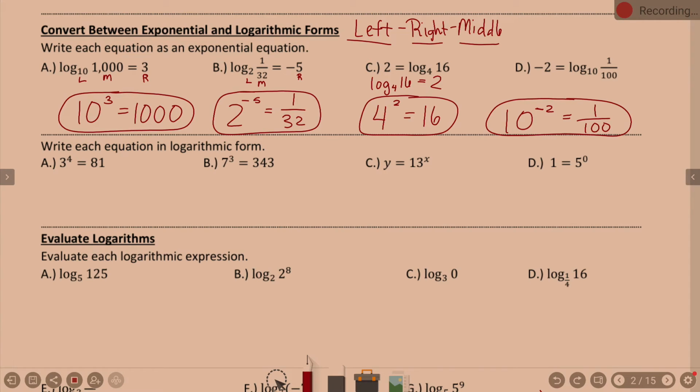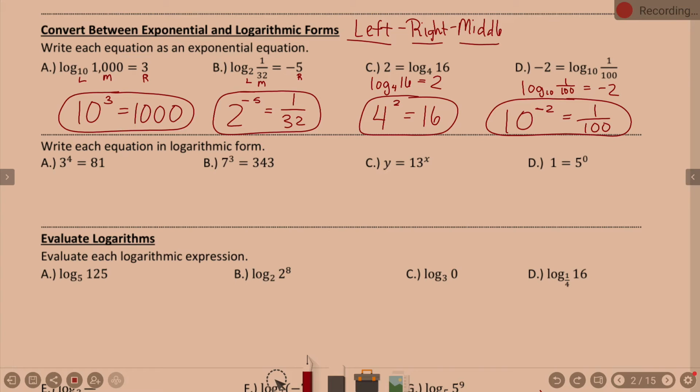Did you reverse it if you felt the desire? Okay. If you don't like looking at it as is, it's log base 10 of 1 over 100 equals negative 2. Questions on that section? Okay.